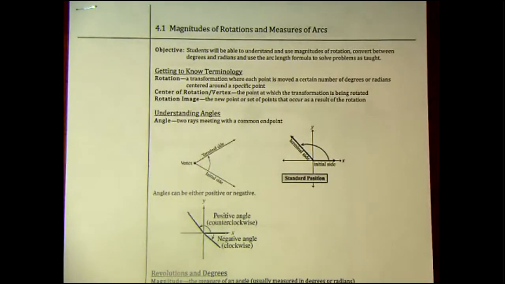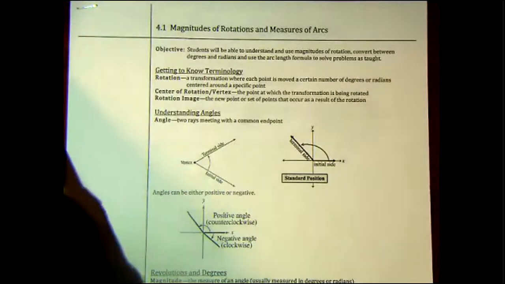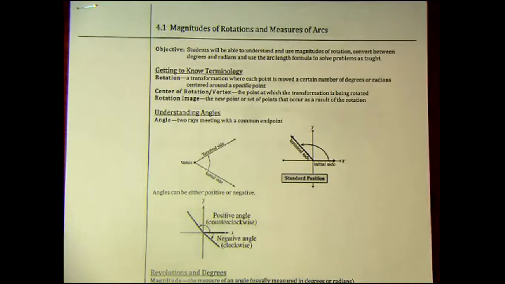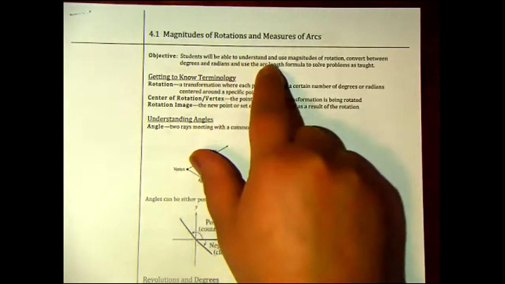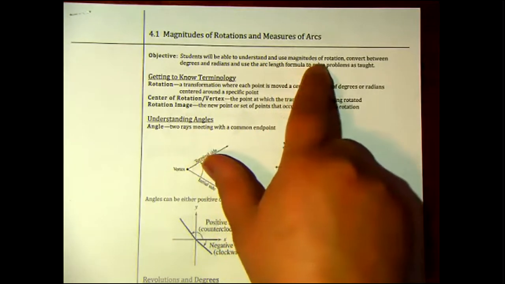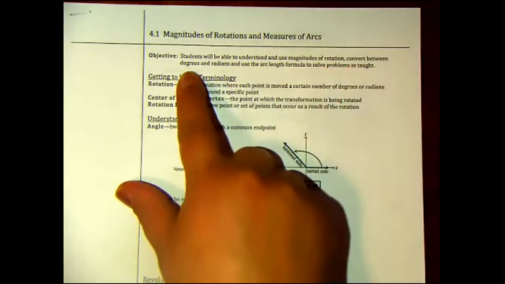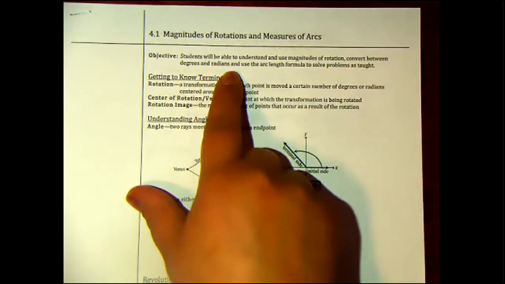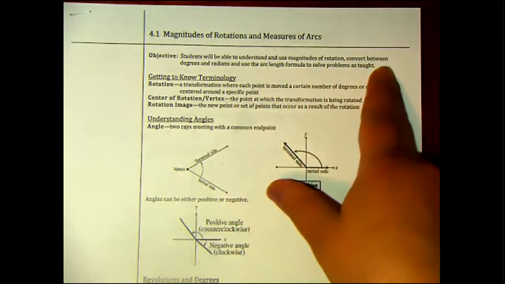So we have our 4.1, magnitudes of rotation and measures of arcs. Our objective for today is that students will be able to understand and use magnitudes of rotation, convert between degrees and radians, and use the arc length formula to solve problems as taught.